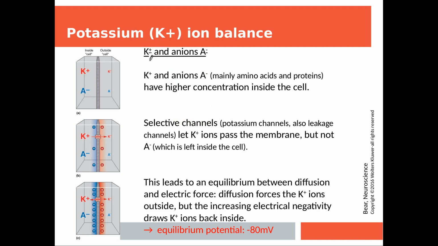Inside the cell, which is on the left here, you have amino acids and proteins, stuff that makes the cell work, like signaling proteins. These are usually negatively charged. There's a higher concentration of those inside the cell. There's also a higher concentration of potassium ions inside the cell, because of a special ion pump.